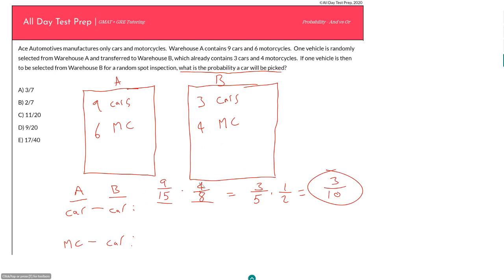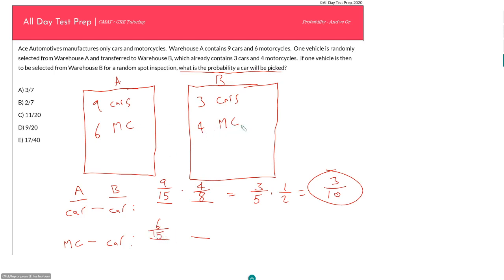So what is the probability of this sequence of events, where I pick a motorcycle from Warehouse A and then a car from Warehouse B? The probability of selecting a motorcycle from Warehouse A: I have 6 motorcycles, so 6 out of my 15 vehicles are motorcycles.